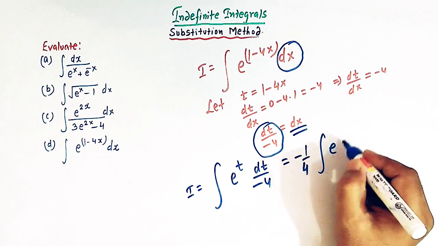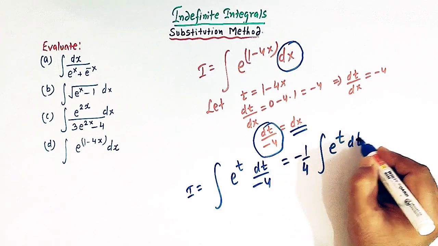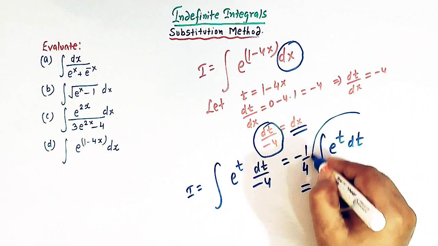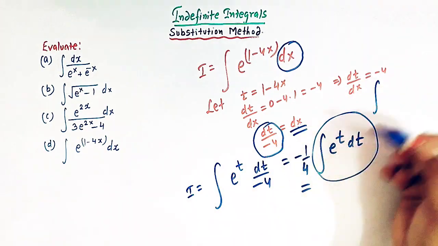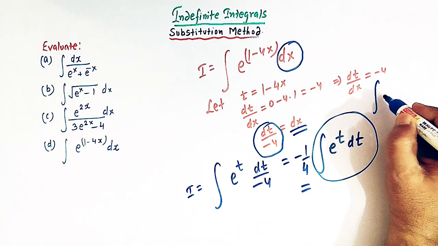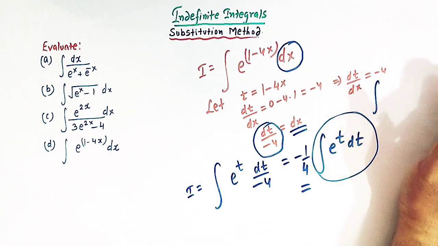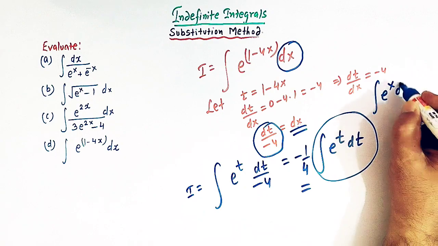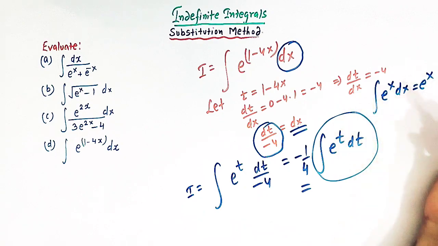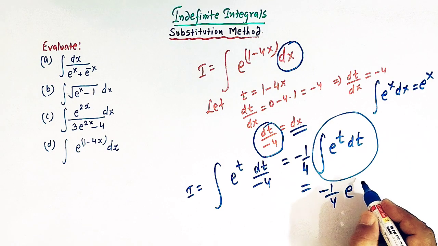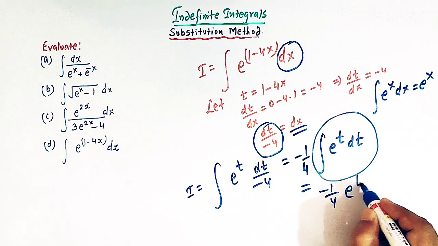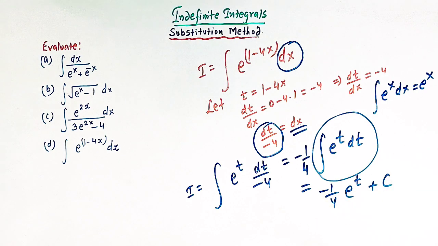We have the integral of e raised to t dt, and now we can see that this is a known integral. The integral of the exponential function is the function itself. So the integral of e raised to x dx is simply e raised to x. So here we have minus 1 over 4 times e raised to t, and c is the constant of integration.